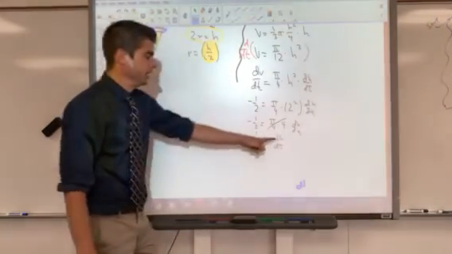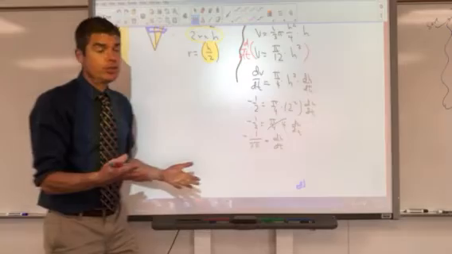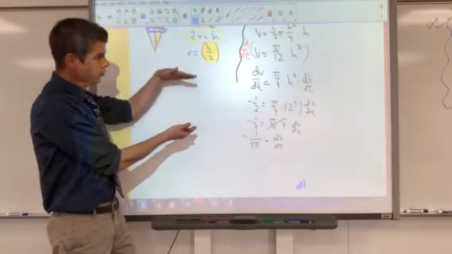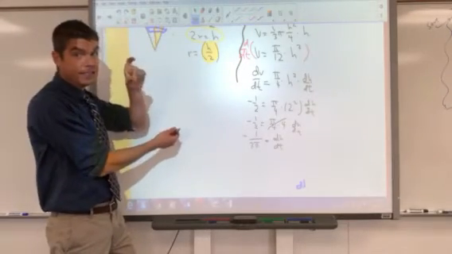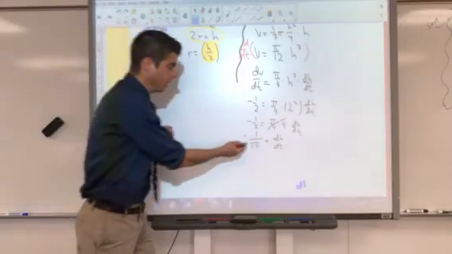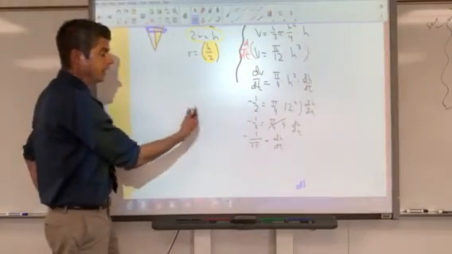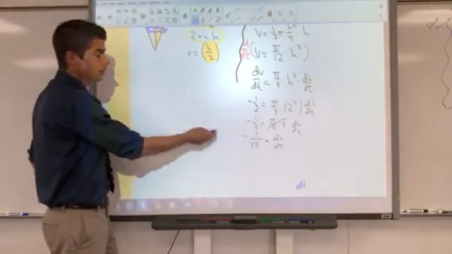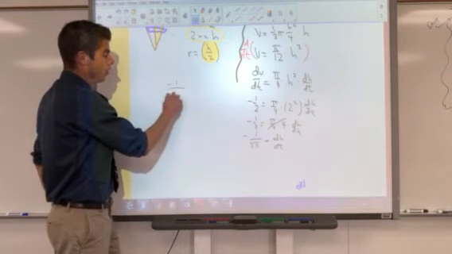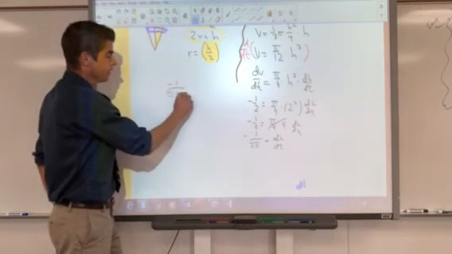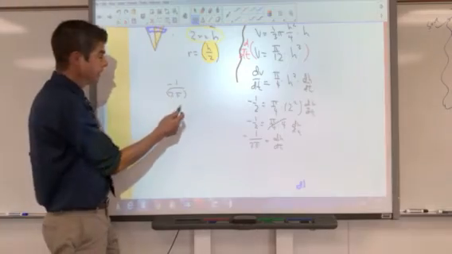So the rate that the height is changing is negative. It should be negative. If the water level is dropping, the height is decreasing. So dH/dt, the height is changing at negative 1 over 2 pi, and make sure that entire 2 pi is in the denominator.